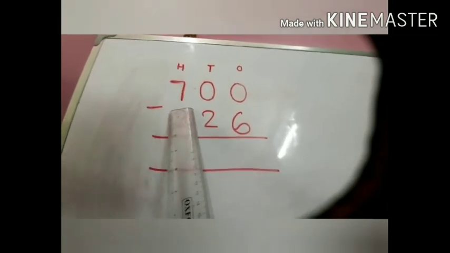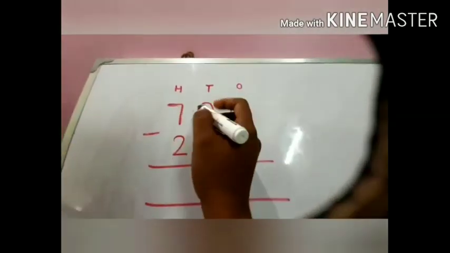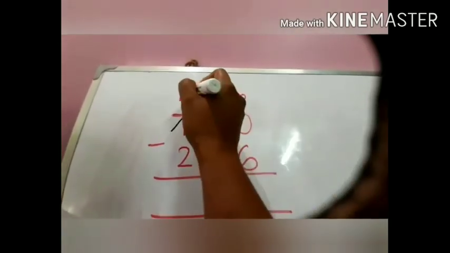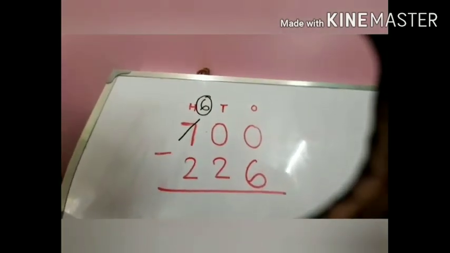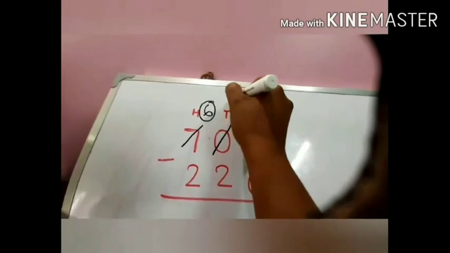See, in the 100s place I am having 7. So first I will borrow from the 100s place. This I will borrow and write 6 here. 100 I have borrowed, so 100 is 10 tens. So I will write here 10 tens.